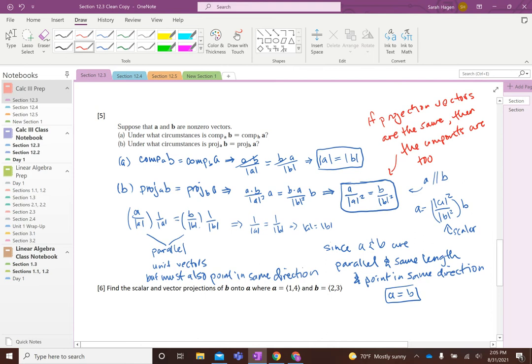And then the thought is, well, if the components are the same, then the length of A has to equal the length of B. But that means that the length of A squared has to equal the length of B squared, which would then imply that A equals B. So two ways to get to that conclusion, but in either case, it's not obvious just from here. So it takes a little bit. Okay, that's the first thing I wanted to talk about.